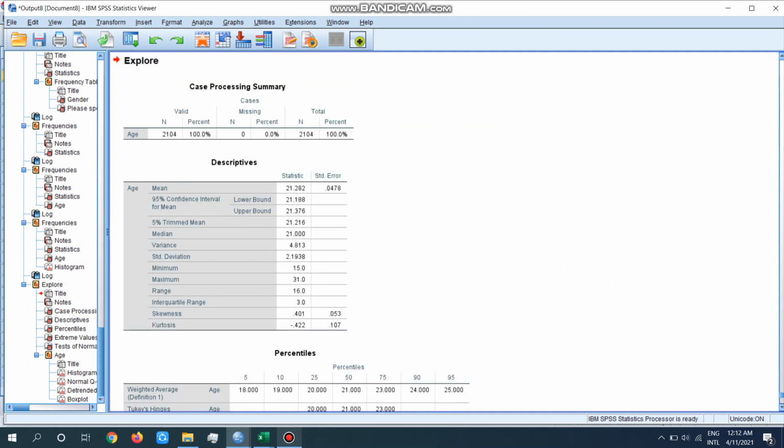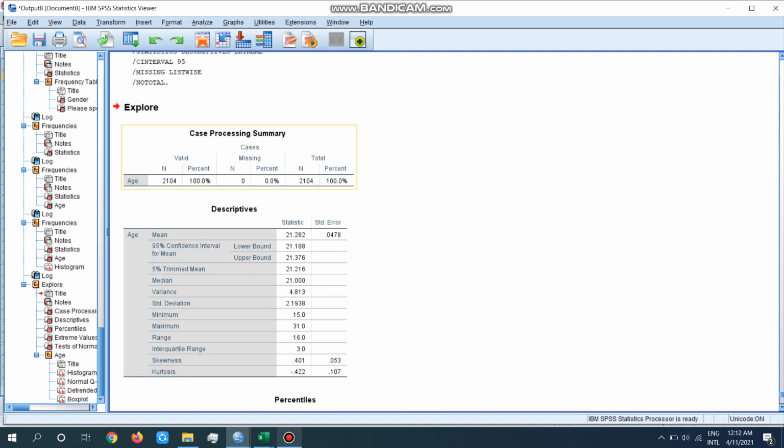Okay, now this is the summary of the descriptives of the variable age, as I chose it. The mean age we have is 21, and this is the confidence interval for that.